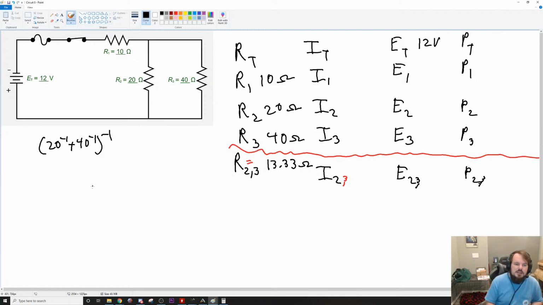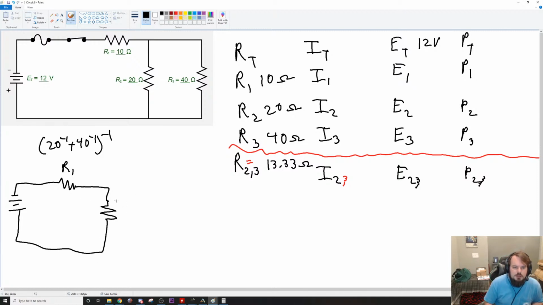So, now that we've combined that together, we're going to redraw the circuit. And that's R1 right there. Then R2,3 right there.